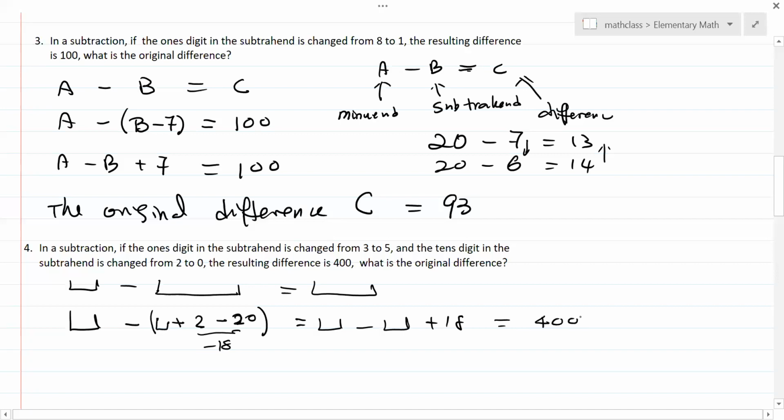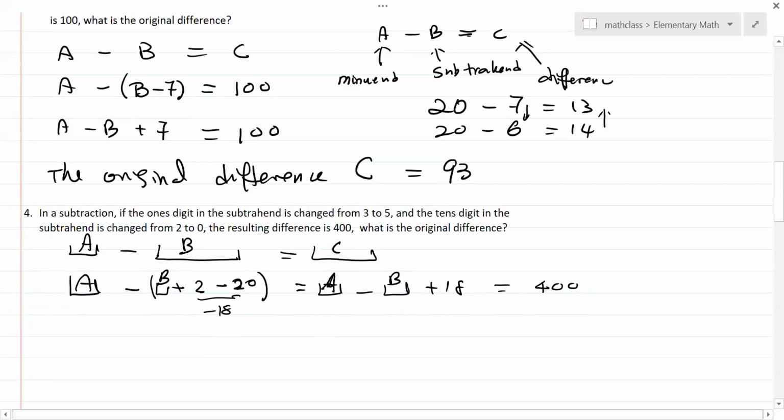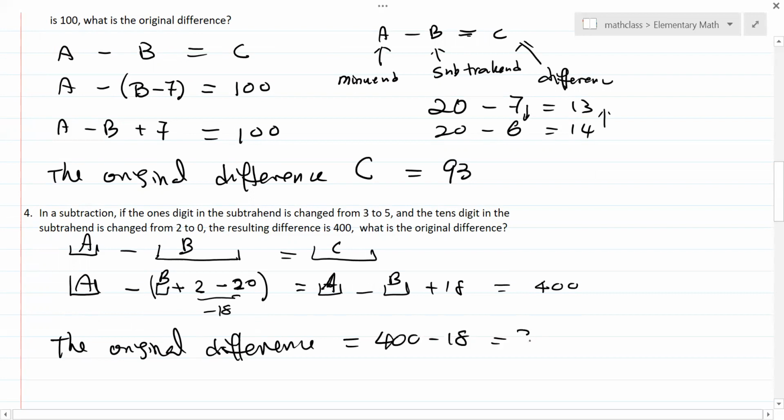Maybe I should use A and B and C. A minus B is C. So the original difference plus 18 is 400, so it should be 400 minus 18, which is 382.